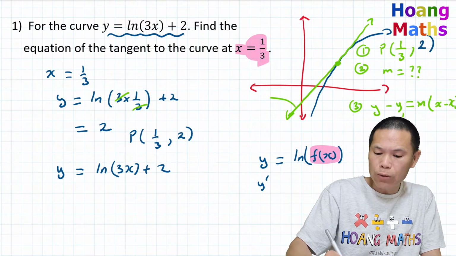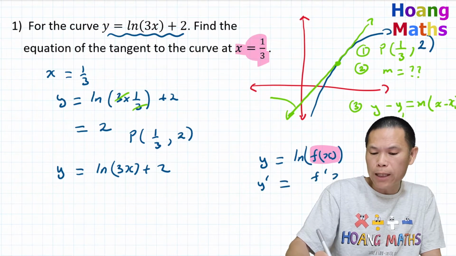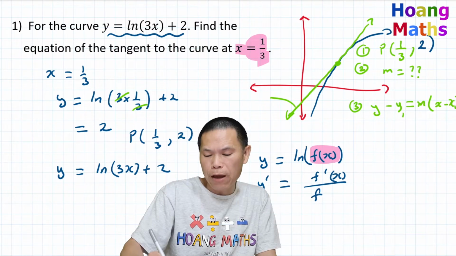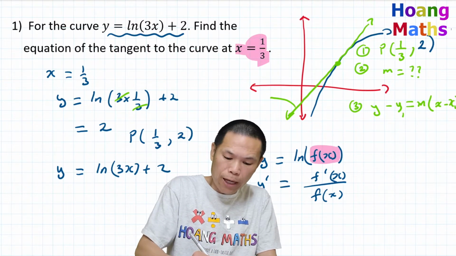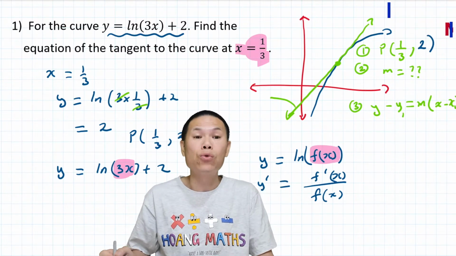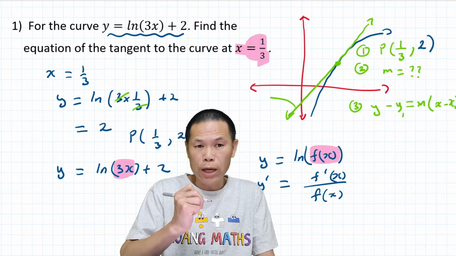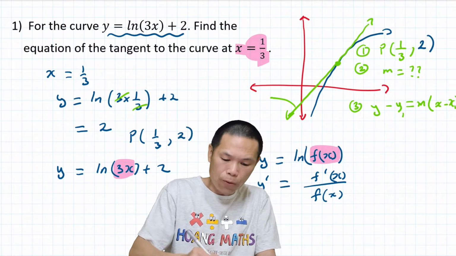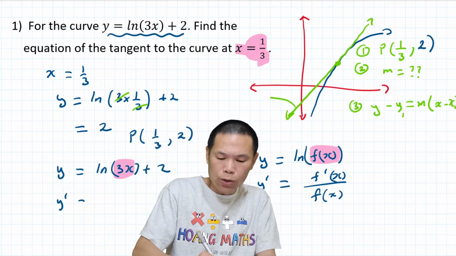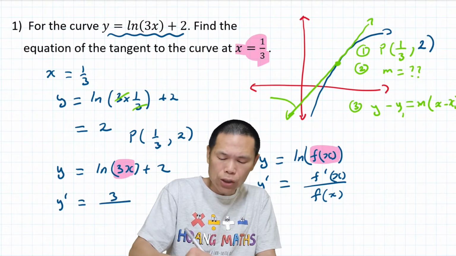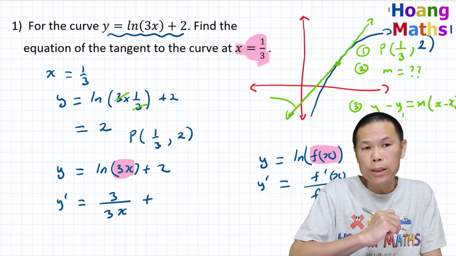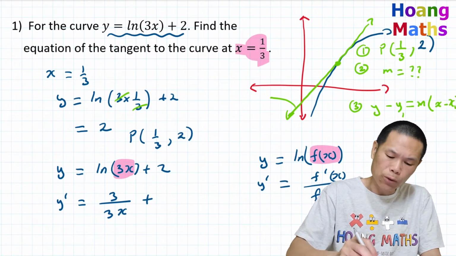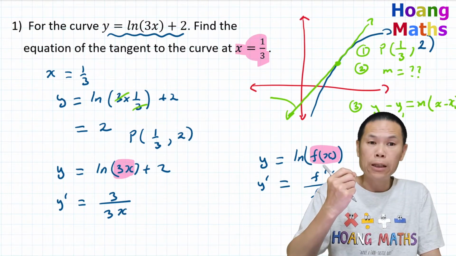So y dash gives me f dash x over f of x. In this case f of x is 3x, and differentiating 3x gives me 3. So y dash is equal to 3 over the function, that is 3x. Then we differentiate 2, which is 0, so we just ignore that. That is the gradient.